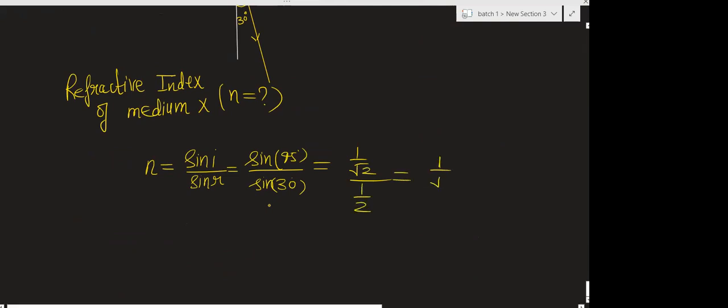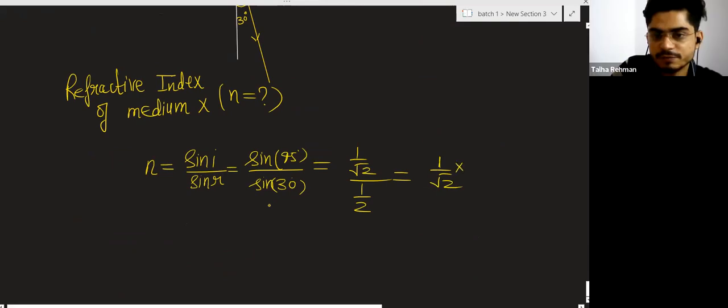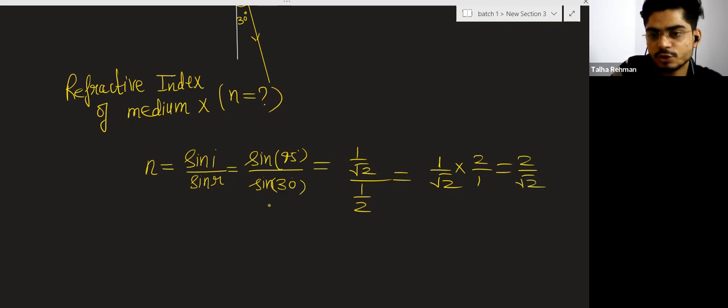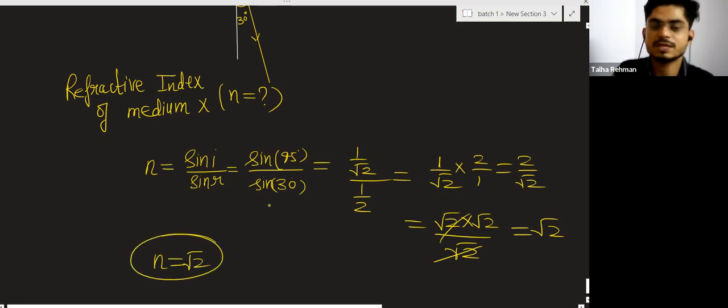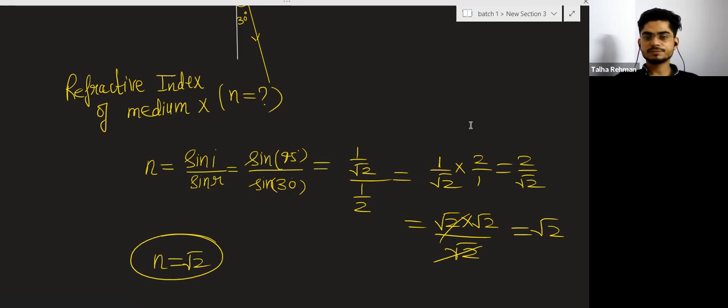So this will become 1 by root 2, and instead of division you take the multiplication sign, so you will get 2 divided by root 2, and 2 can be written as root 2 into root 2, and this cancels, so you will get the answer root 2. Okay guys, very good. So the answer is root 2. Okay Hamna, got it now?